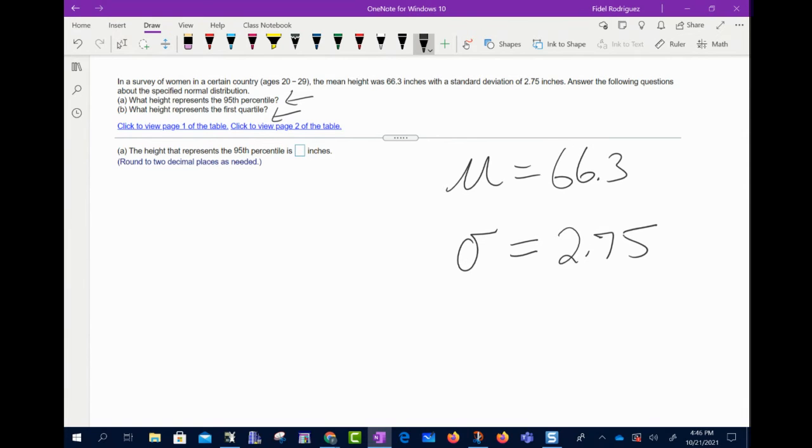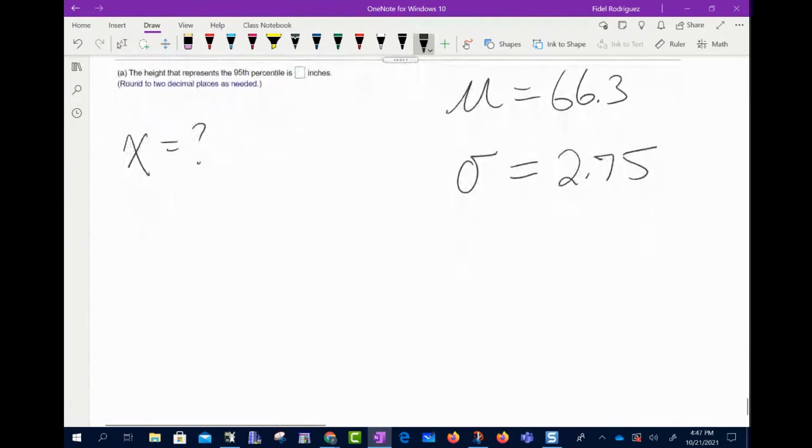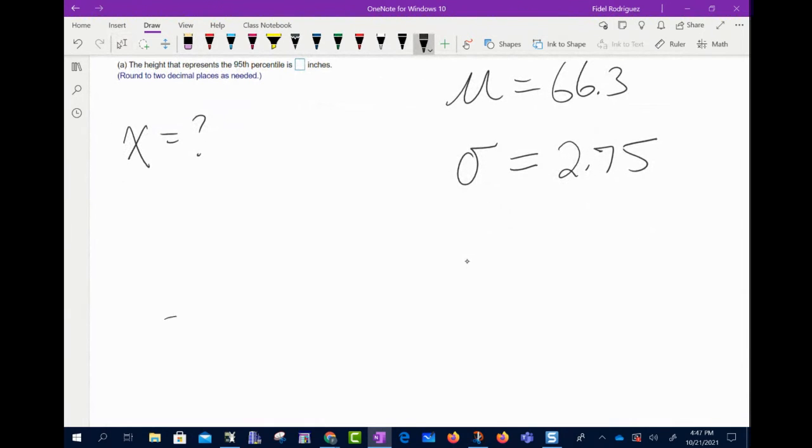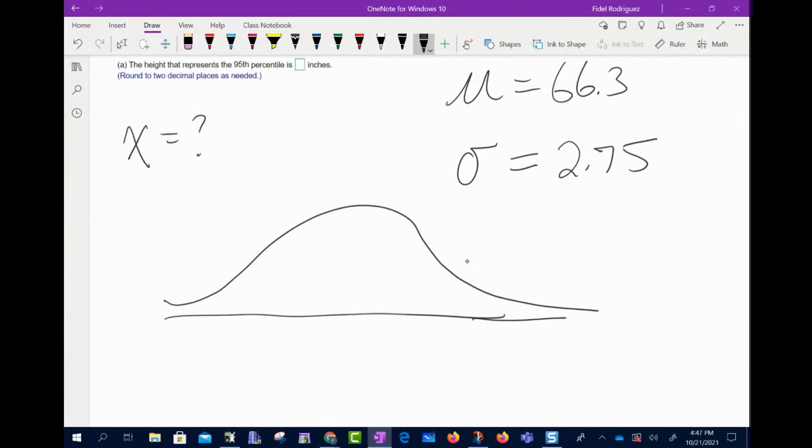Okay, and what we're trying to figure out is what are the heights at the 95th percentile and the first quartile. So what we're looking for here is actually the x value. And if you think about what's going on here, I'm going to draw my picture so we can see what's going on. Here's 0, 1, 2, 3, and -1, -2, -3.